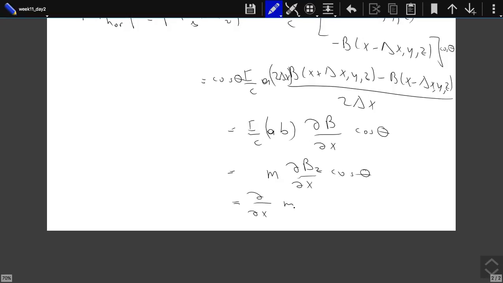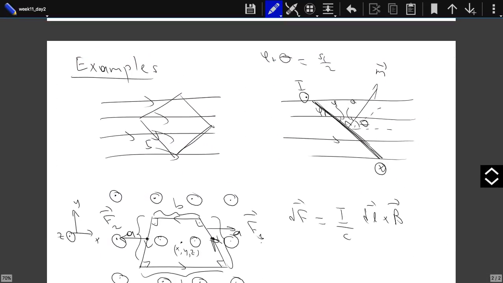This is del over del x of M B z cosine theta, or del over del x of M dot B. And you can basically repeat for the other components of the force if you want. So this is just one component.